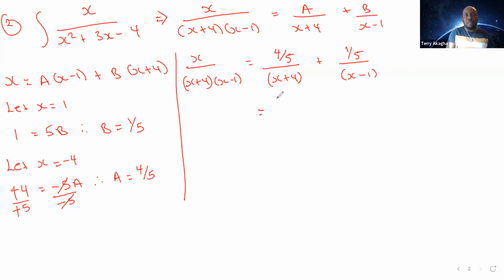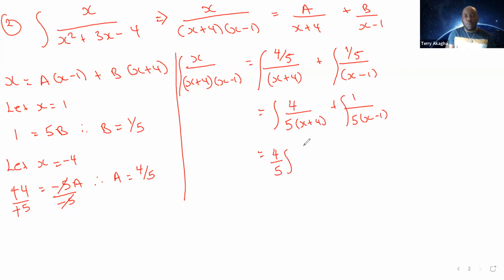Now we're integrating each of them. So it's 4 over 5(x plus 4) plus 1 over 5(x minus 1). As usual, you bring out the constant. That gives 4 over 5 times 1 over (x plus 4), plus 1 over 5 times 1 over (x minus 1).